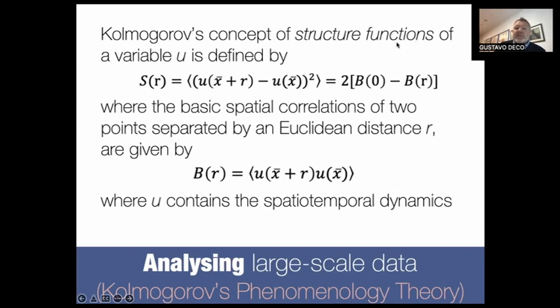It has nothing to do with what we call structure and function in the context of neuroscience. But as you see, it's a very simple concept. It's just the quadratic displacement of your variable. In our case, it will be our brain signals, for example. And if you decompose this, you immediately discover that this is a cousin of the functional connectivity.